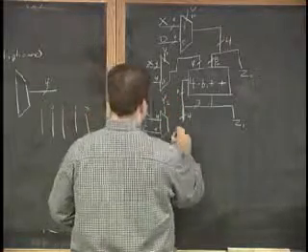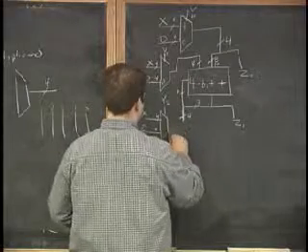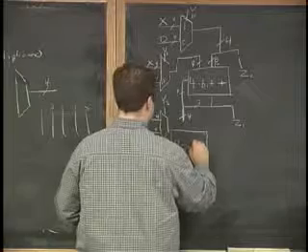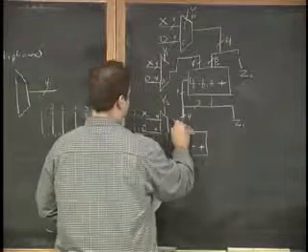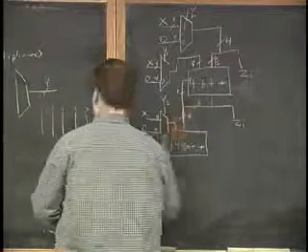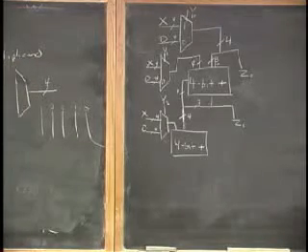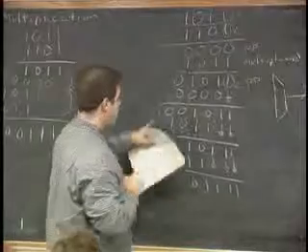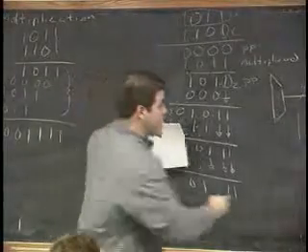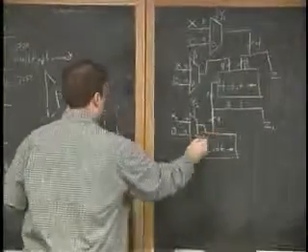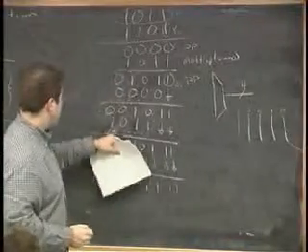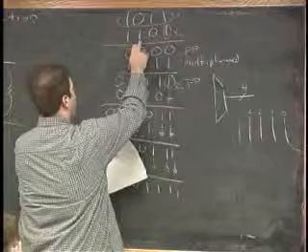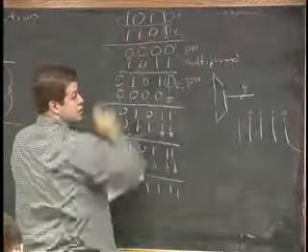And then we go into another 4-bit adder. This goes in here. This goes in here. So now we're doing this multiplication. So this is the sum we had from before, which is right here. And this is the result of y2 times x.